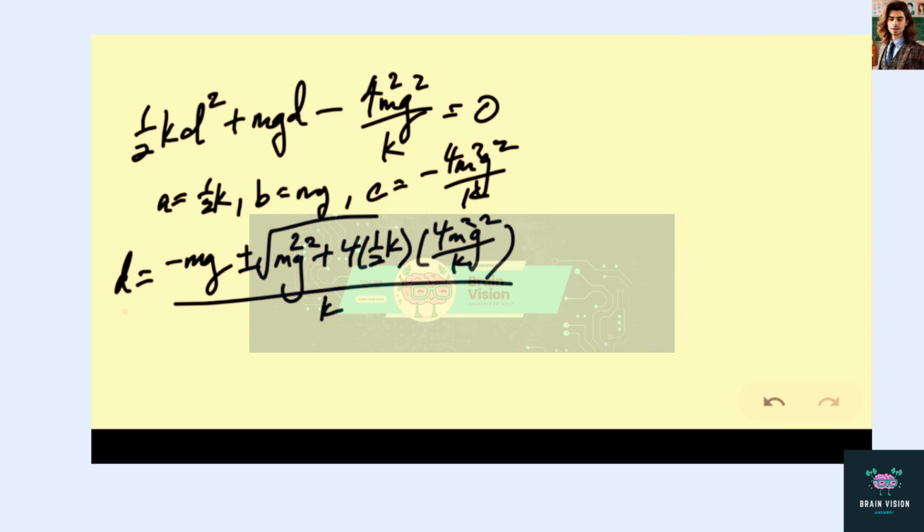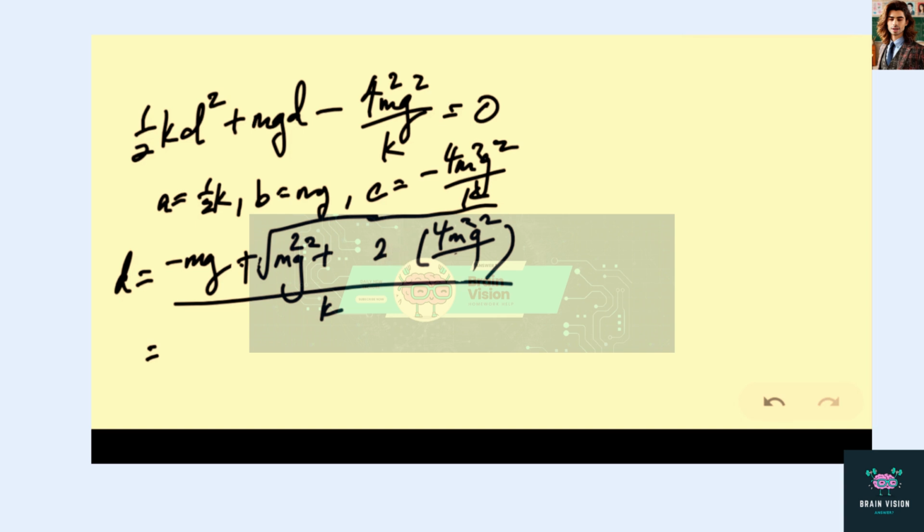Because d has to be a positive value, we will have to ignore the negative part, so it's just positive. Inside the square root, we can simplify this to just 2k, and the k will cancel out, so we don't have any k's.